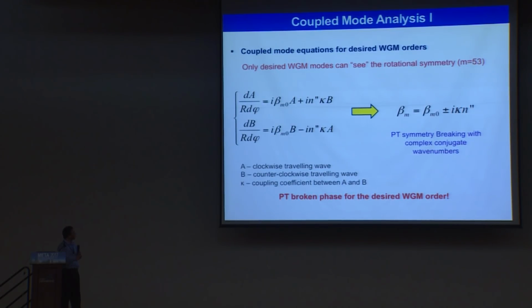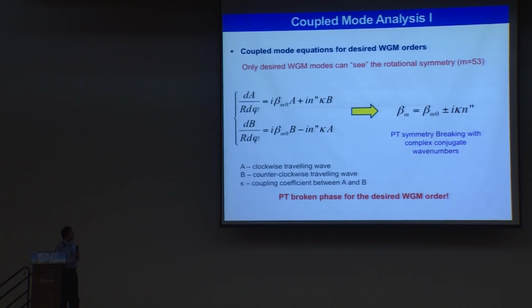As you can see, when you solve this equation, if you modulate the imaginary part, you will find the spectrum of the k vector, or wave vector, has two components: a real part, as in the regular whispering gallery mode ring cavity, and an imaginary part of the wave vector.